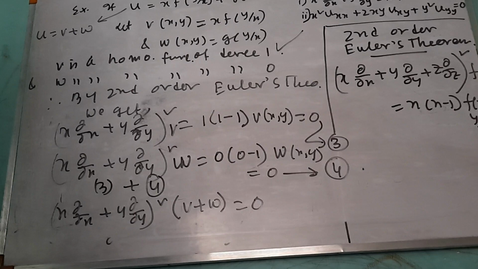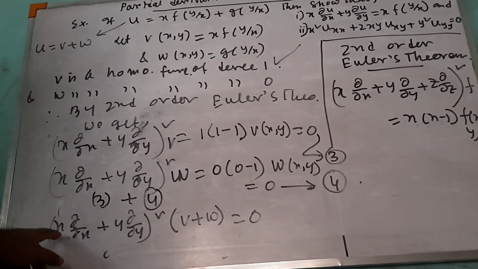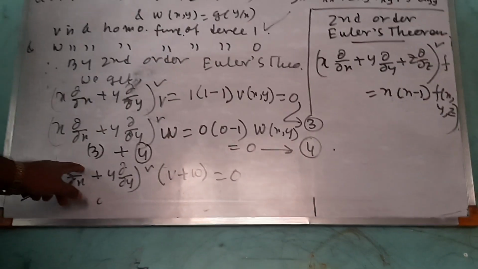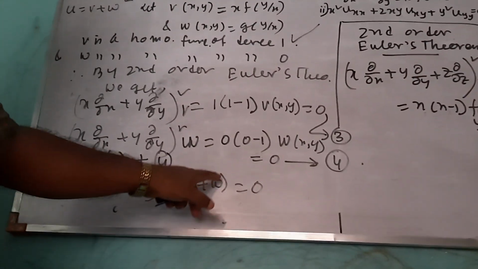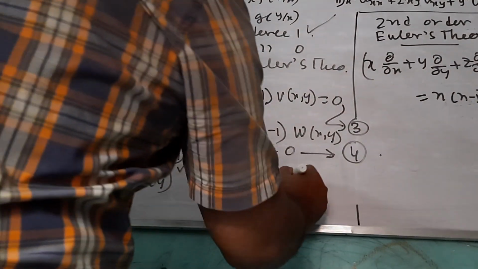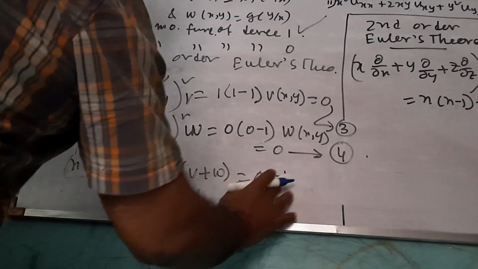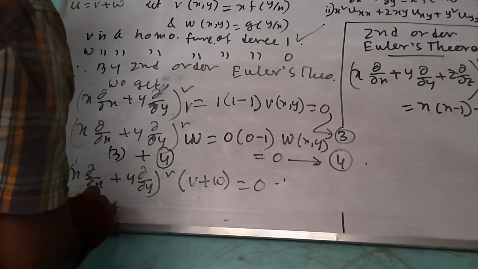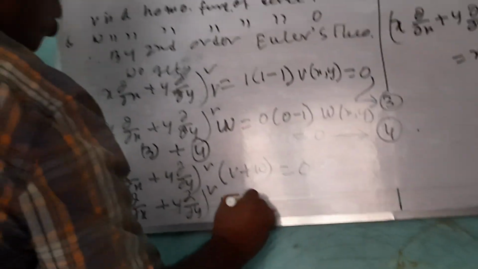This plus this is 0. Now v plus w can be written as u. This implies (x ∂/∂x + y ∂/∂y)² u equal to 0.